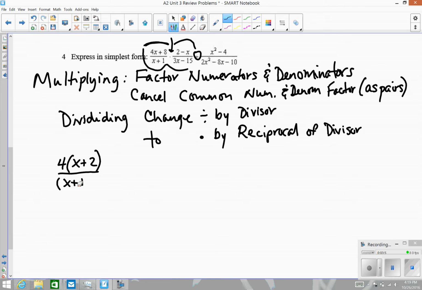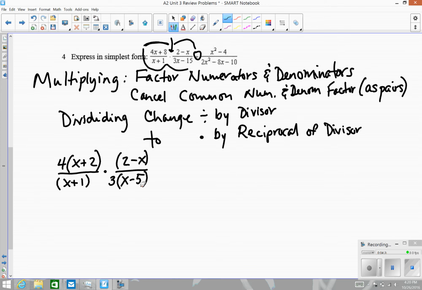I am going to put parentheses around it, though, to remind myself that when I cancel, I need to have an exact match to that binomial x plus 1. And moving on to my next fraction, in the numerator I have a 2 minus x, but nothing that I can factor there. And in the denominator, 3x minus 15, there's a GCF of 3, and when I factor that out, I get 3 times x minus 5.